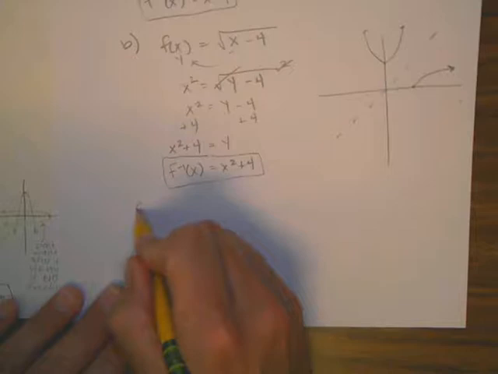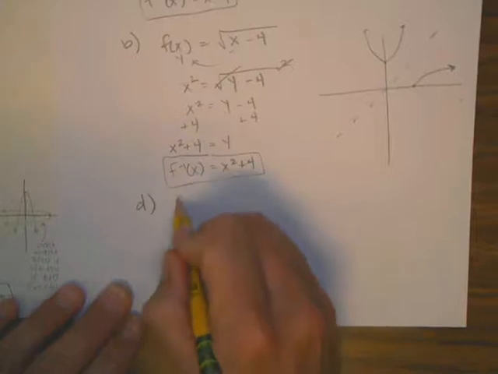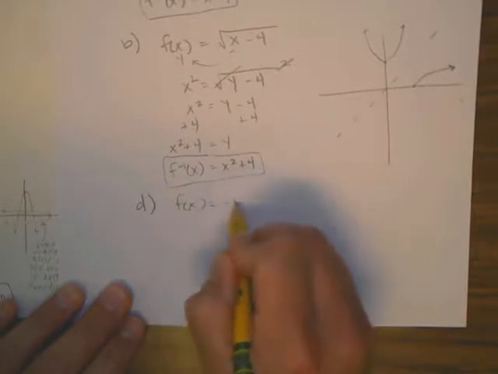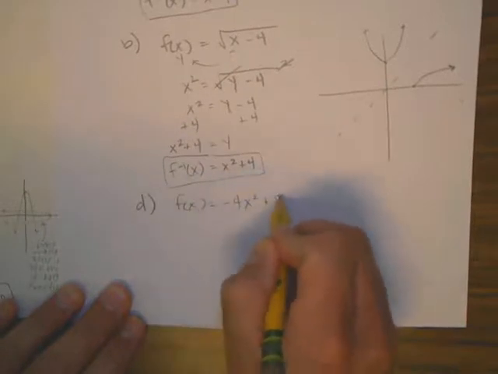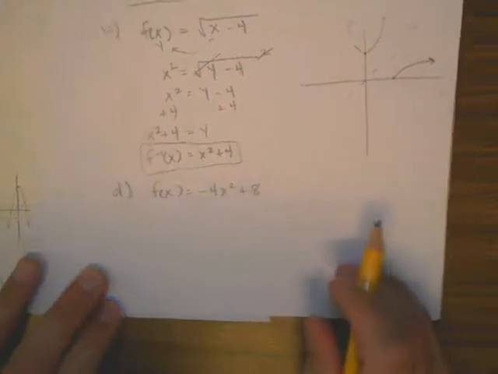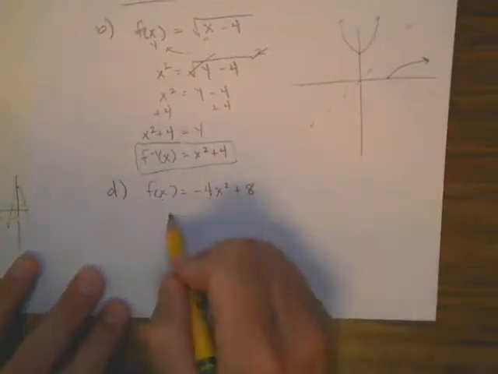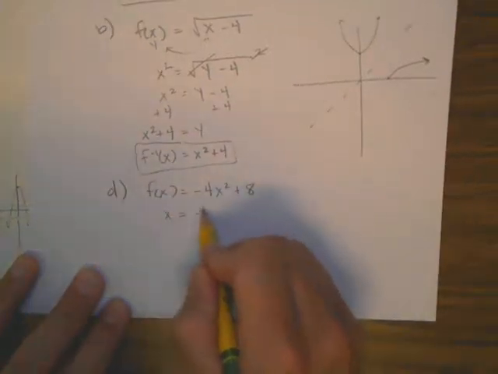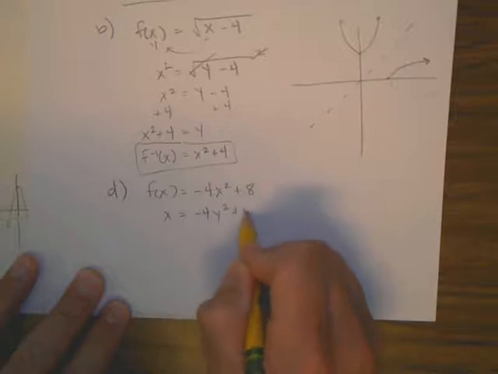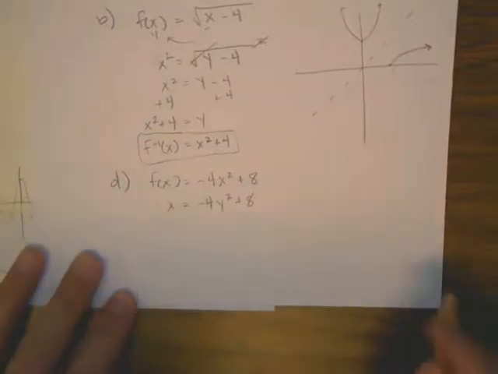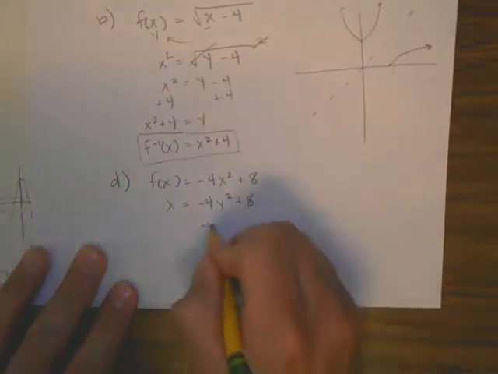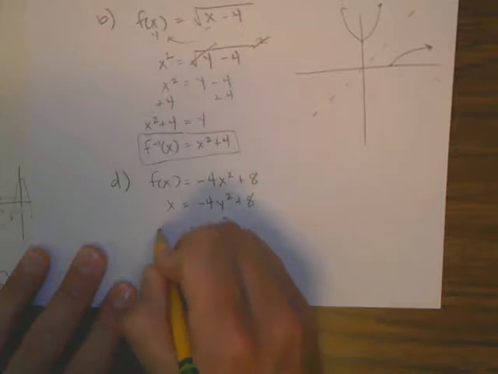F of x equals negative 4x squared plus 8. So I'm going to make this my y and that my x. Negative 4y squared plus 8. I'm going to skip some algebra steps, so stay with me. Negative 4y squared equals x minus 8 on both sides.